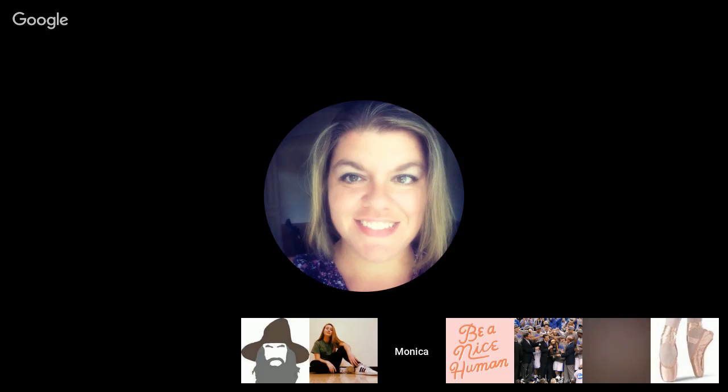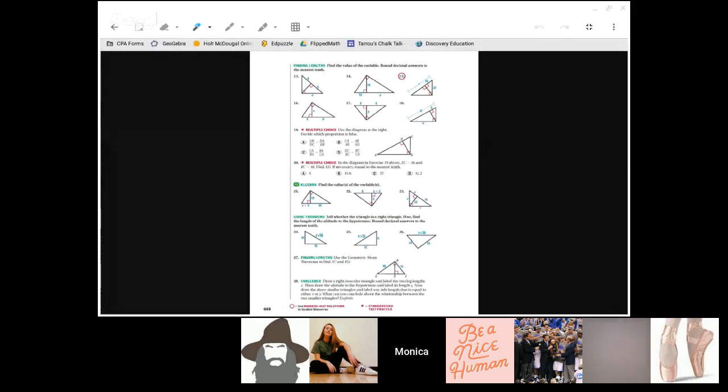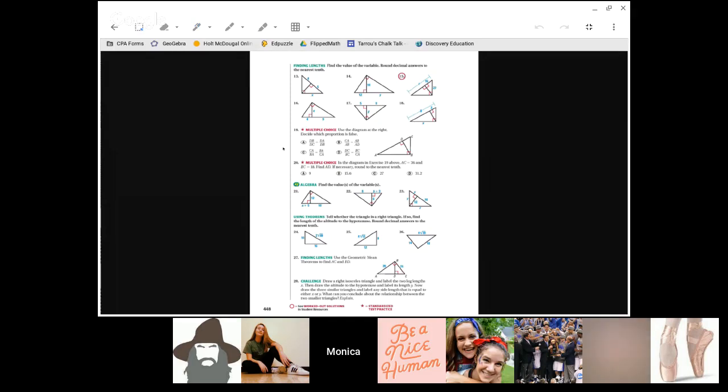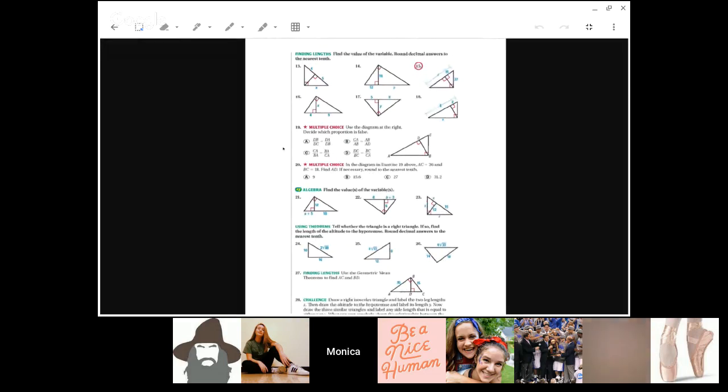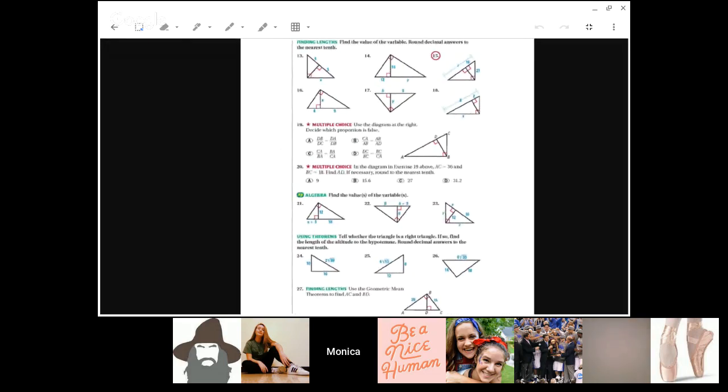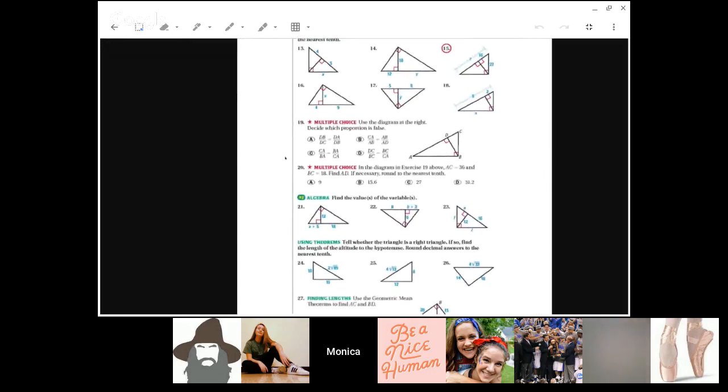Okay, Devin, hold on. I'm pulling up 13, 14, 15 right now, okay? So for 13, 14, and 15, you're supposed to find the value of the variable and then round the decimal to the nearest tenth, okay?